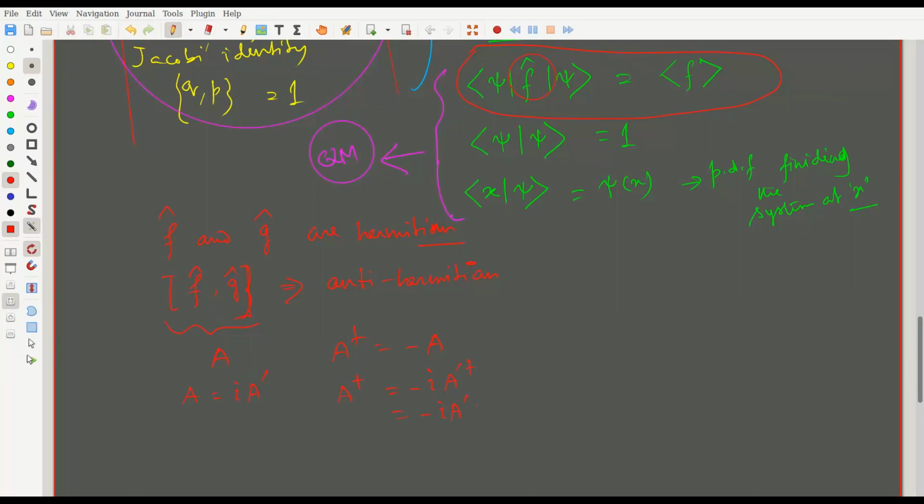So that's why whenever we talk about the commutation relation of two Hermitian operators, we take out a factor of i. So let's say for f and g, we take out a factor of, let's say, i. Usually it is 1 by i, it's the same thing.